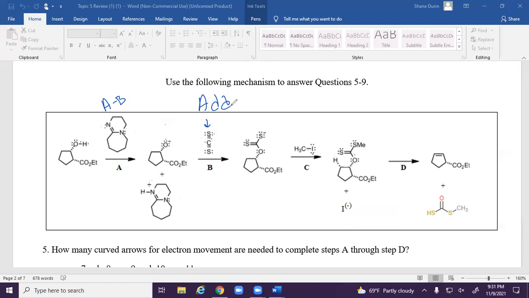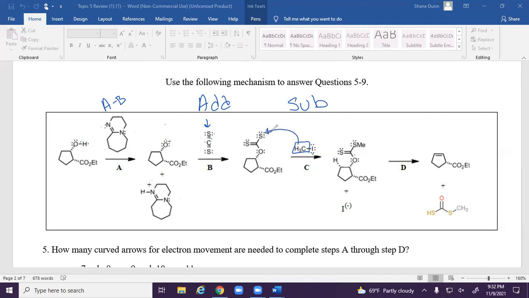What about C? It's substitution. Because I'm substituting it to there.